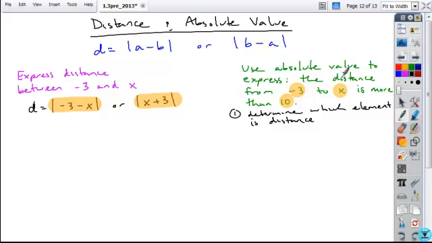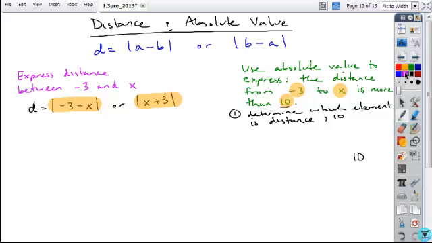In this example, the distance from -3 to x is more than 10. -3 and x are represented on the number line. 10 is the actual distance. So in this case, our distance is 10. Whatever your distance is, you're going to wind up setting that alone on one side, and I'll always use the right side here.